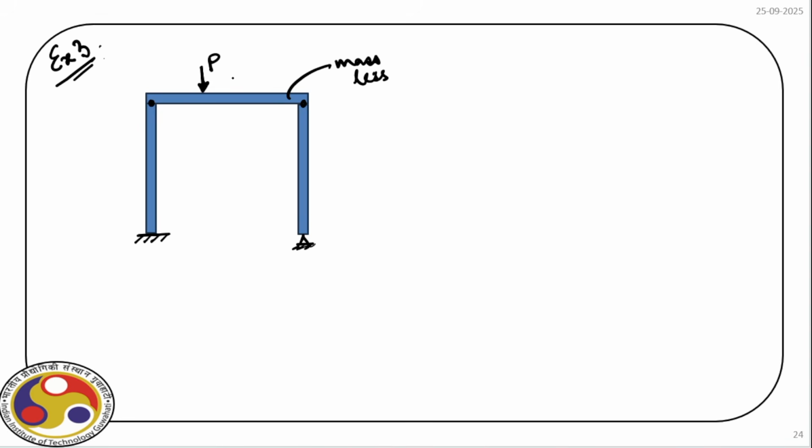Our task is to estimate this P, given that Young's modulus E is again 2.1 into 10 to the power 5 Newton per millimeter square.